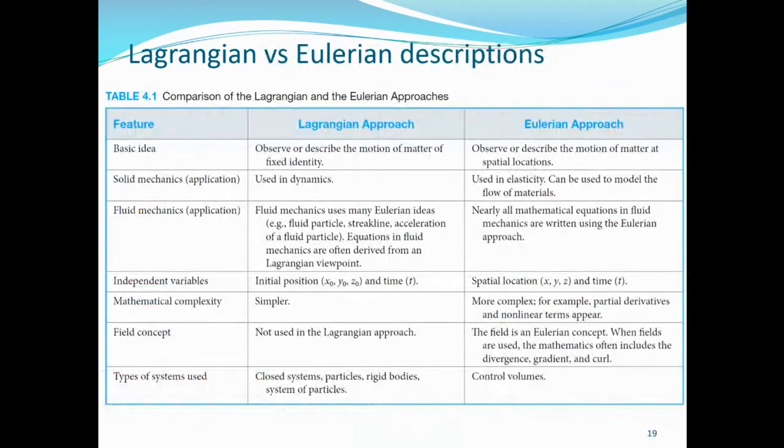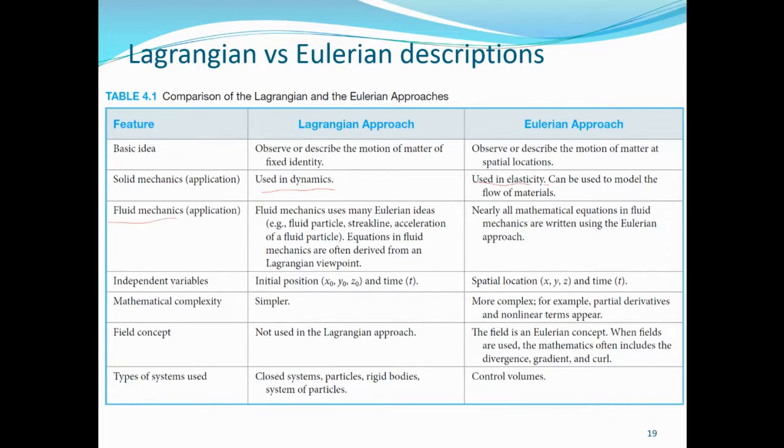Now, comparing the two methods or approaches, the Lagrangian and the Eulerian descriptions, the basic idea here: you observe or describe motion of matter of fixed identity. In the Eulerian approach, you describe the motion of matter at spatial locations. The Lagrangian approach is used in solid mechanics, in dynamics, and also in elasticity, and can be used to model the flow of materials.